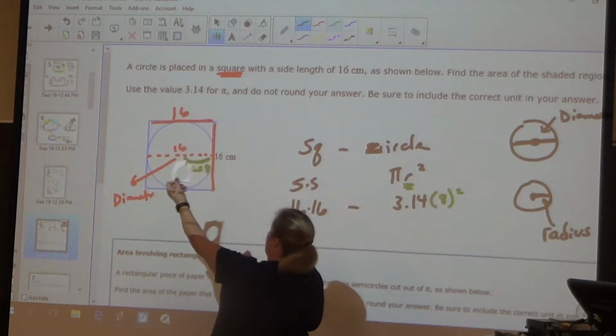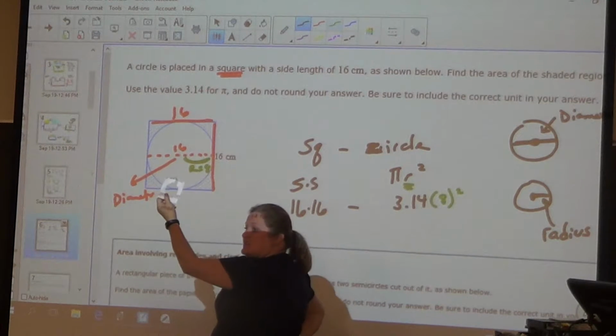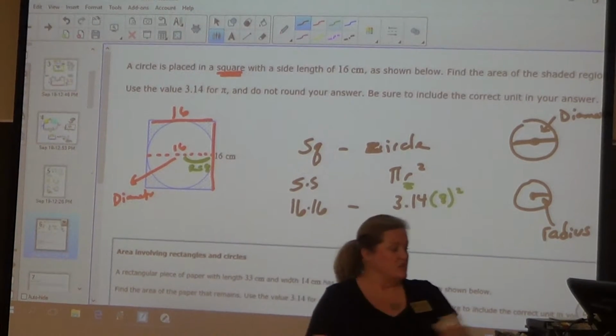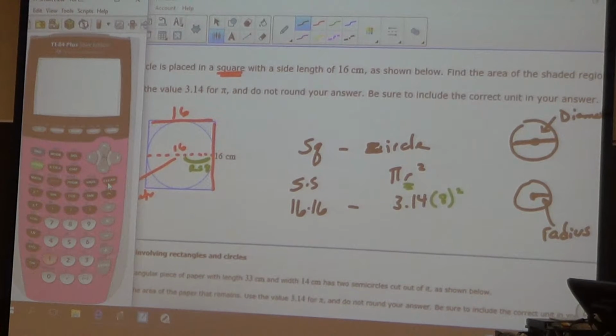So I take the area of my square, the area of my circle, and I'm going to subtract them. So I'm going to do 16 times 16 and 3.14 times 8 to the second.